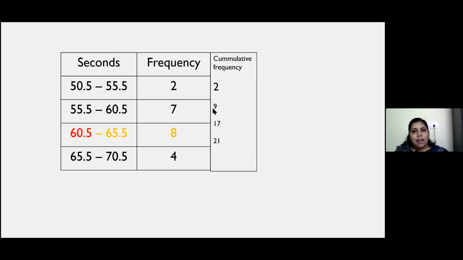When I add the cumulative frequencies, you can understand that the 11th item will be between 9 and 17. So this is considered the median class. The answer is 10.5. Up to 9, this row will be over.